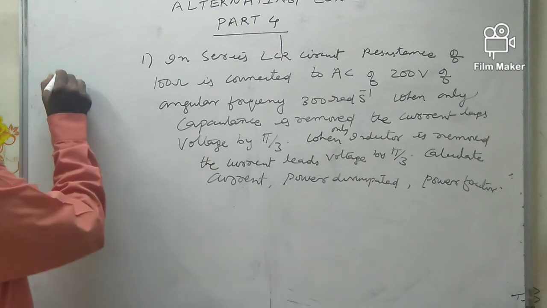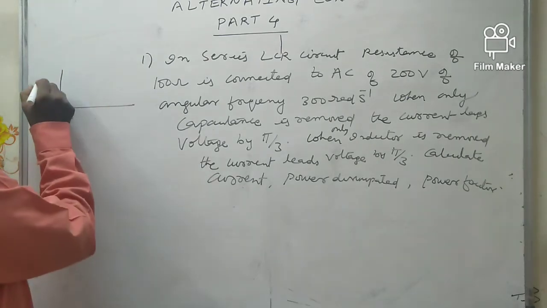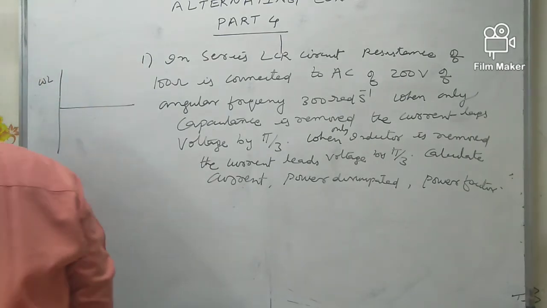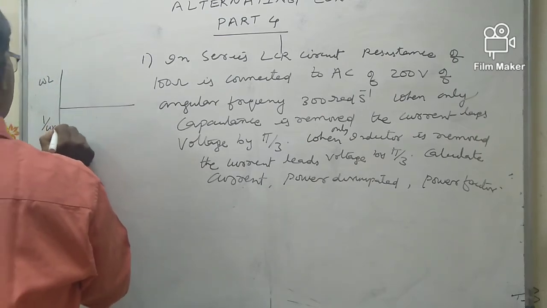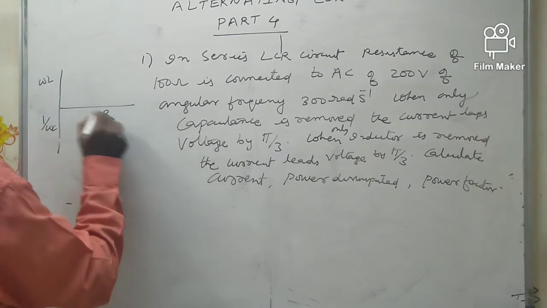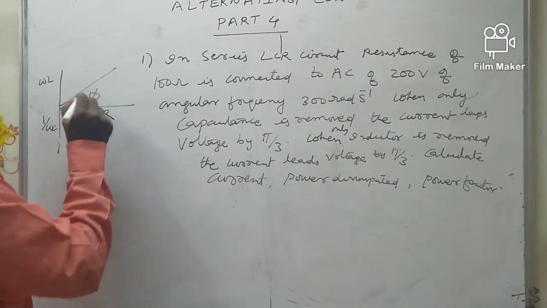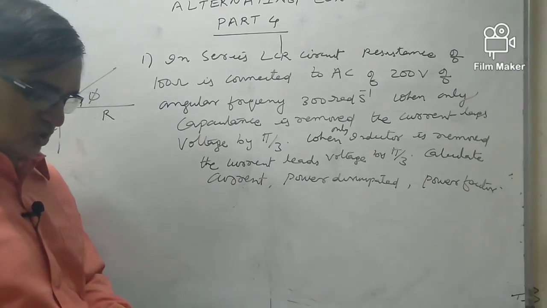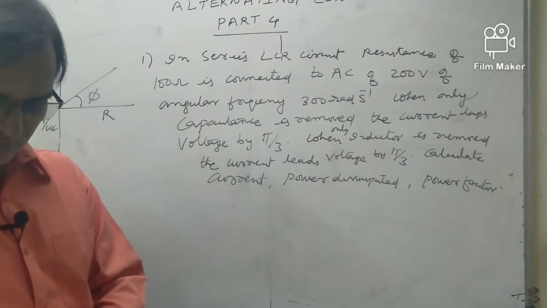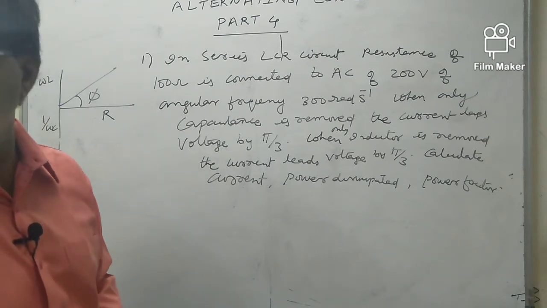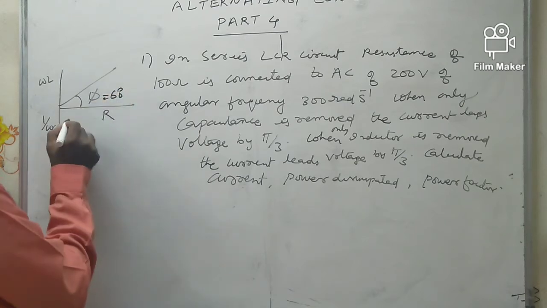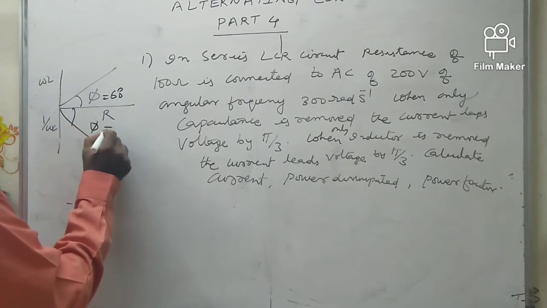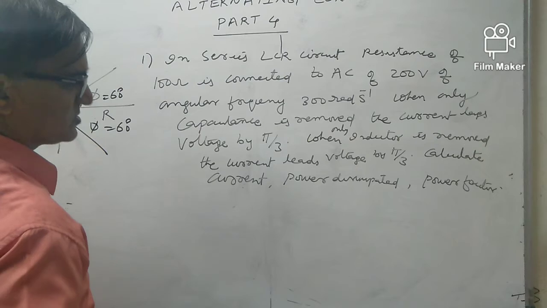Now you know the LCR circuit. This is omega L, this is 1 by omega C, this is R. Here tan phi is 60 degrees. Here also phi is equal to 60 degrees.